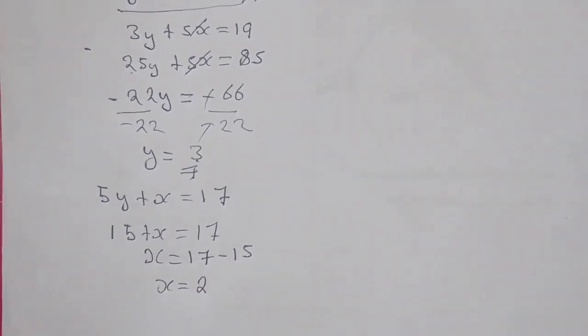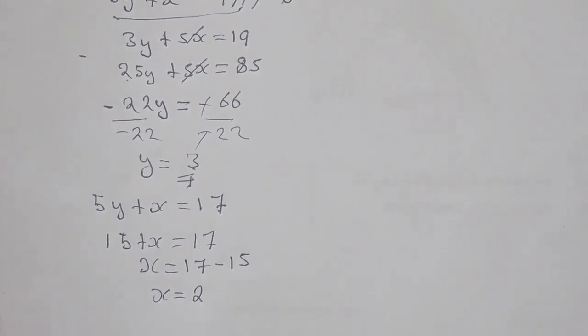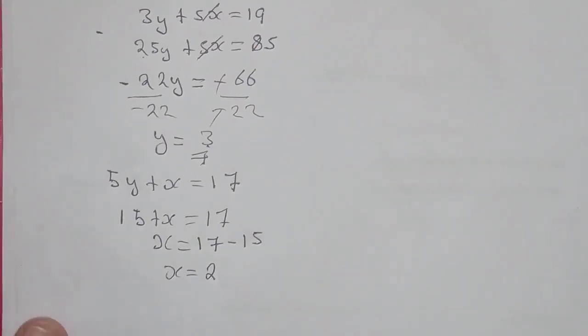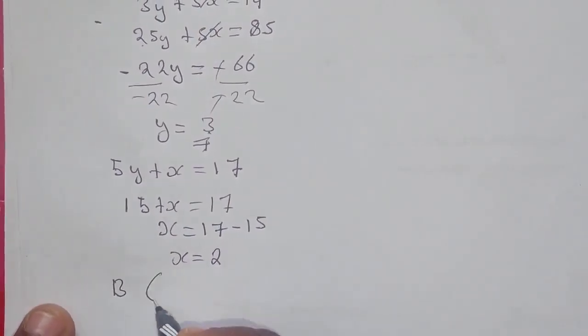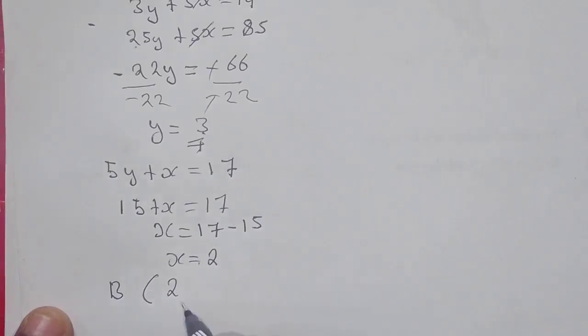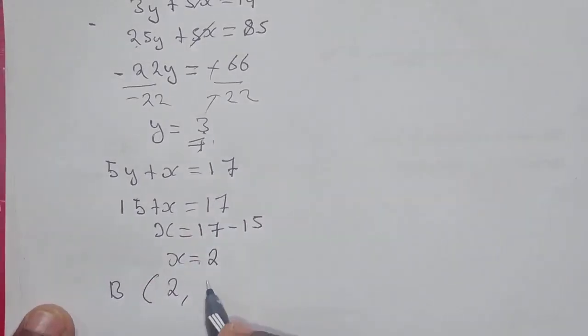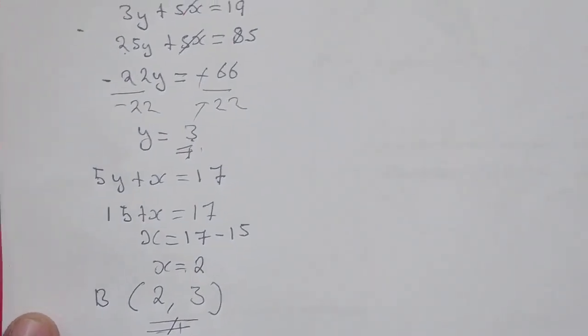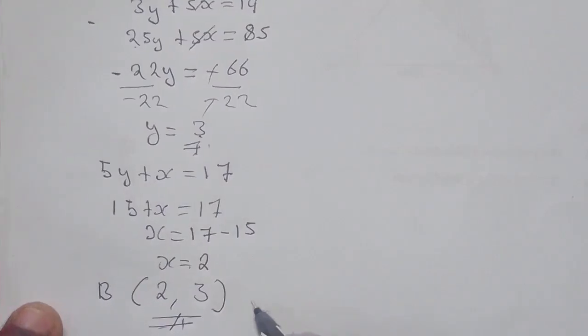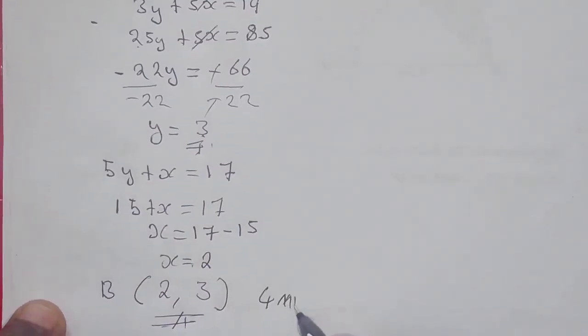So the coordinates of B, remember the coordinates are written in this form, x comma y. So the coordinates of B are 2, because this is x, comma our y, which is 3. Okay, so these are the coordinates of B, for 4 marks.